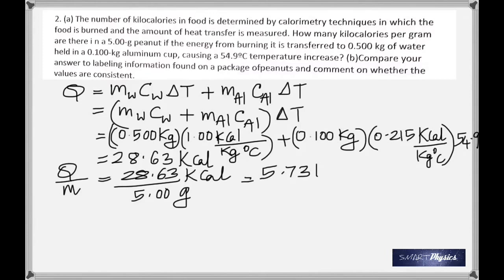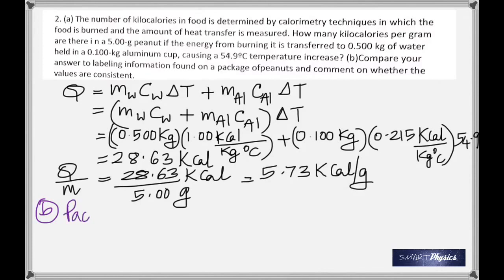So we're going to find the quantity of heat in 1 gram of peanut, because that's what the question says. The question said, how many kilocalories per gram? And so we'll have to divide by 5. That gives us 5.73 kilocalories per gram. So for every gram of peanut that you eat, you get 5.73 kilocalories.